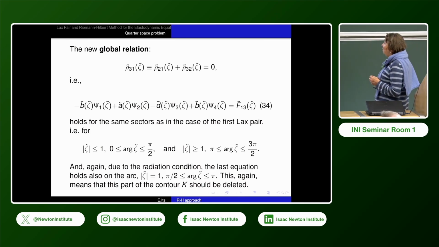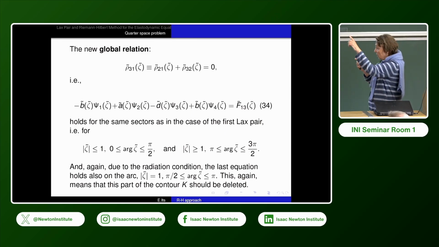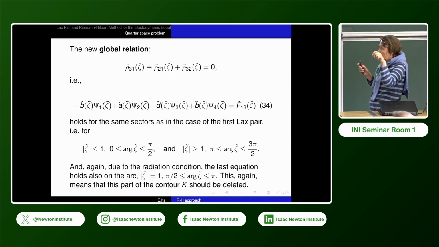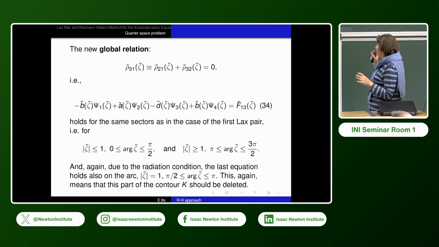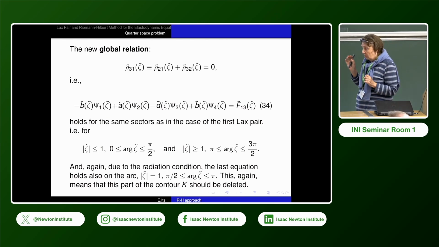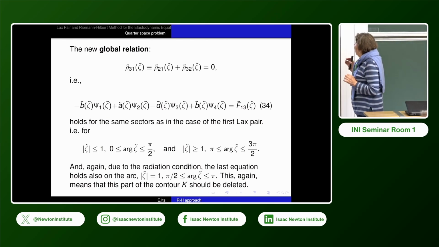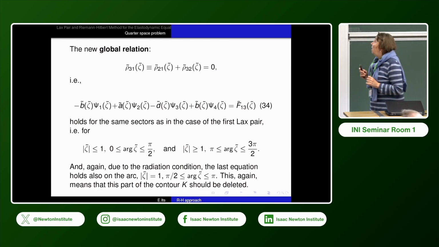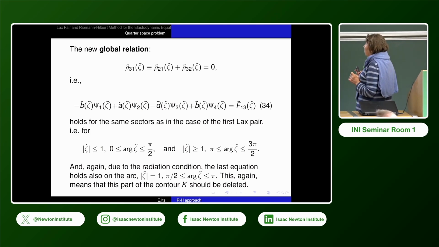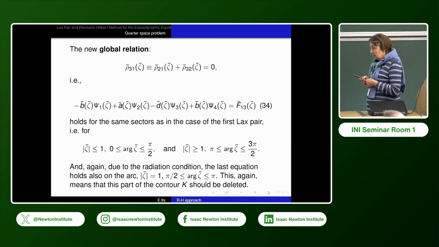It's also written on a certain circular part of the contour. So it means we have it in the region where two particular solutions are analytic, and in the regions where the radiation condition gives us the same equation.